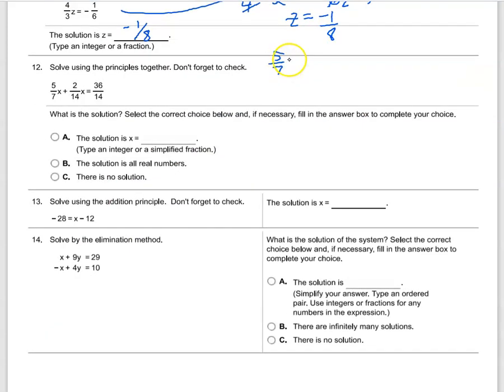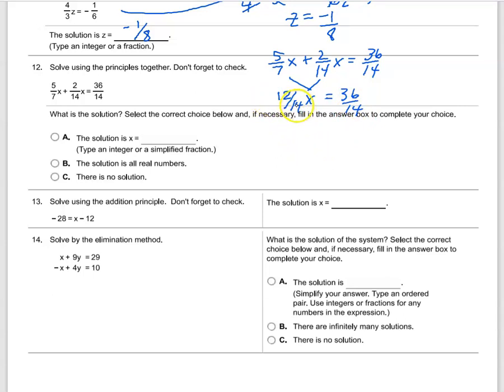Okay, we've got 5/7 times x plus 2/14 times x is equal to 36 over 14. We can combine these two because they're like terms. They're both just x. So this is going to be 12 over 14x is equal to 36 over 14.